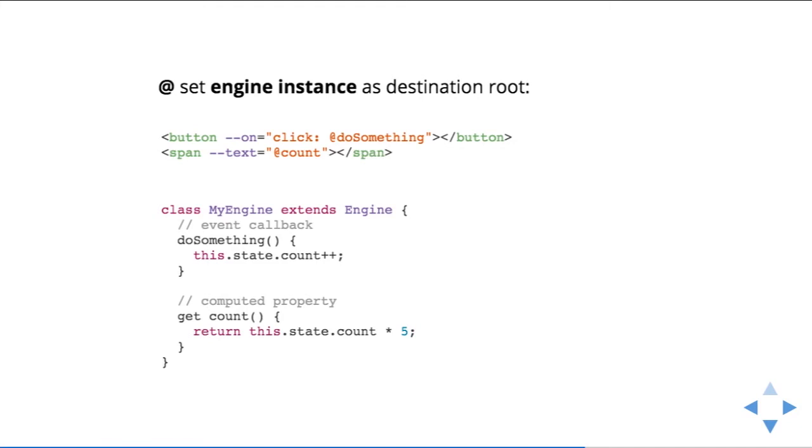When I push the button, I change the state count property, but the computed property count of the engine is multiplied by 5. So I can now push my logic inside of the JavaScript, and my HTML is clean. There is no logic inside of HTML because it represents the data and the state, but my JavaScript is for creating logic.